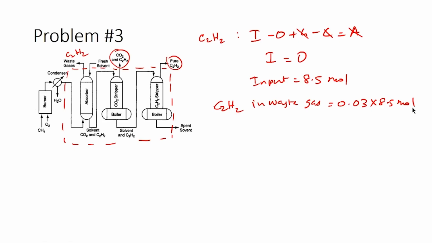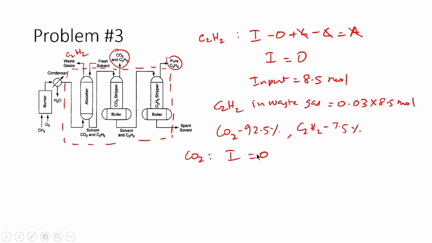Now, the next exit stream is acetylene leaving along with carbon dioxide from the CO2 stripper. The information we have is that CO2 constitutes 92.5% and acetylene constitutes 7.5% of this stream, and we know that CO2 is not leaving the system through any other stream. So, all the CO2 which is entering would have to be leaving only through this stream. If we write a CO2 balance, we would have input equals output, and the output would be only through this stream.